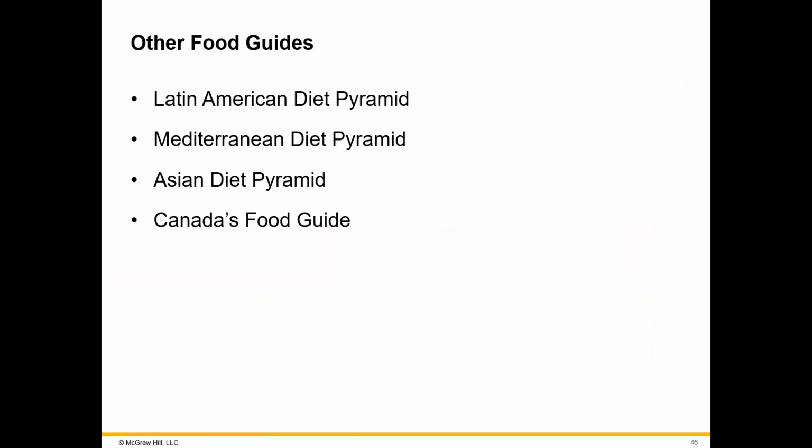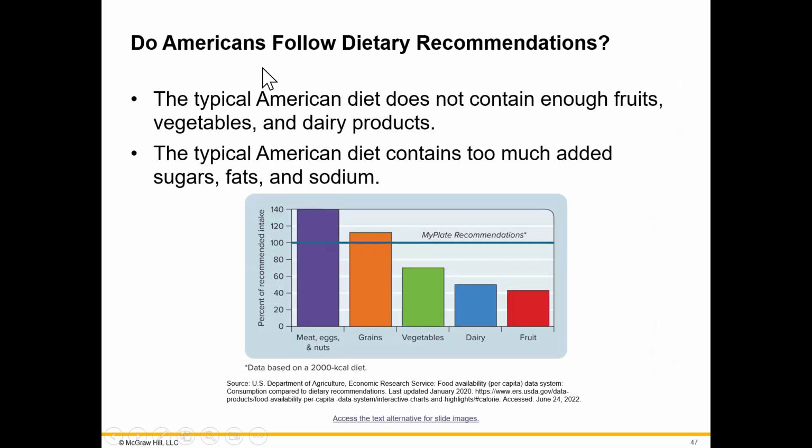Visuals are very good for people to learn. The food guide pyramid also gave pyramids for different cultural foods. So you see the variety that was offered here.